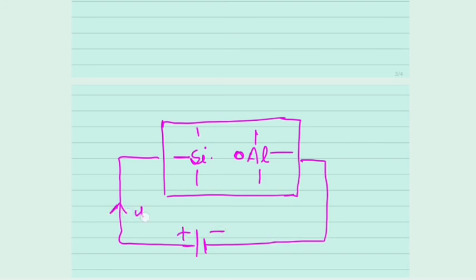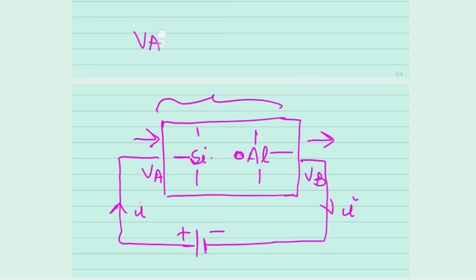Current will flow in this direction. We can see in this whole box, the current is entering from here and leaving from here. So suppose here is our potential A and here is our potential B. We know that the potential at A will be greater than the potential at B.